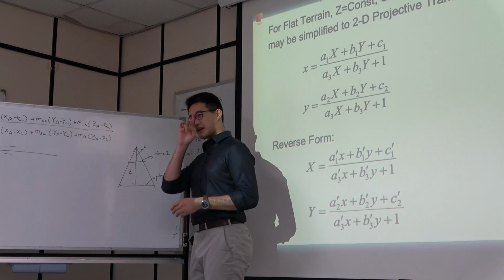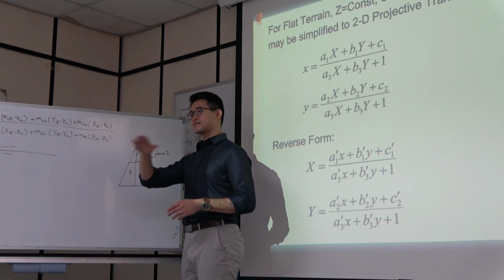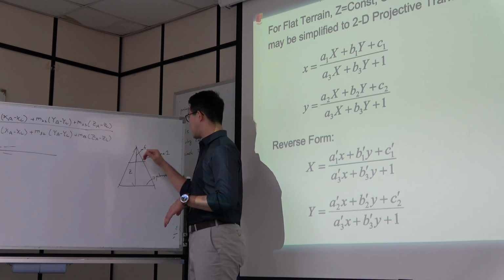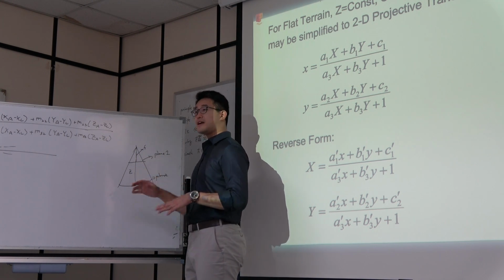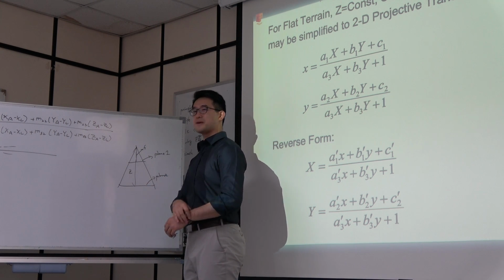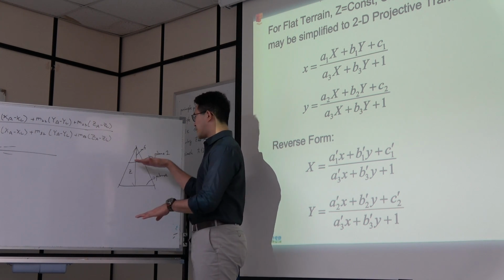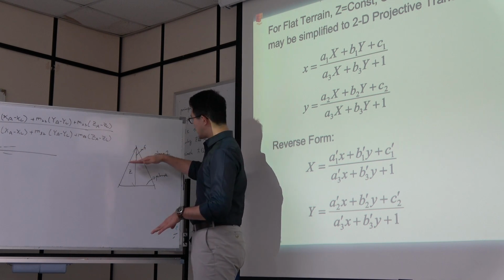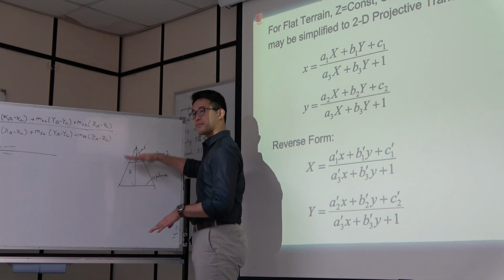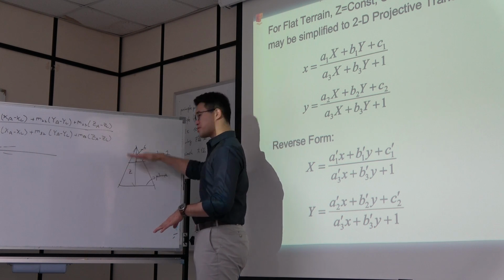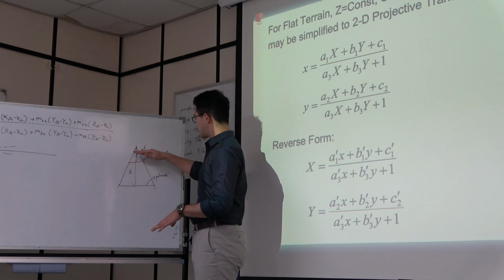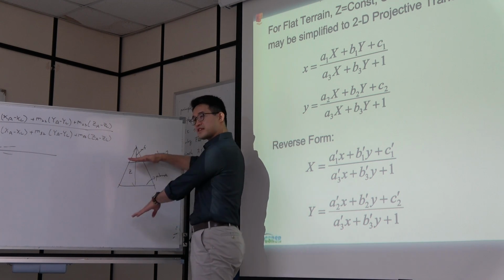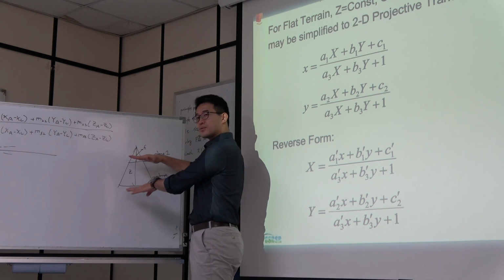As you can see, because it's flat terrain, the scale can be decided by focal length and Z. The 2D projective transformation doesn't care that it is a real camera. So this plane can be anywhere, and you can change the focal length, or you can fix that and change the other.